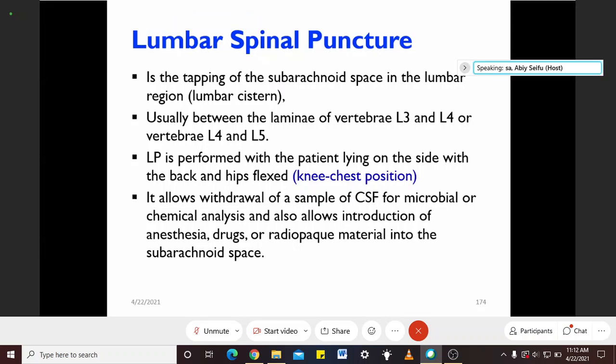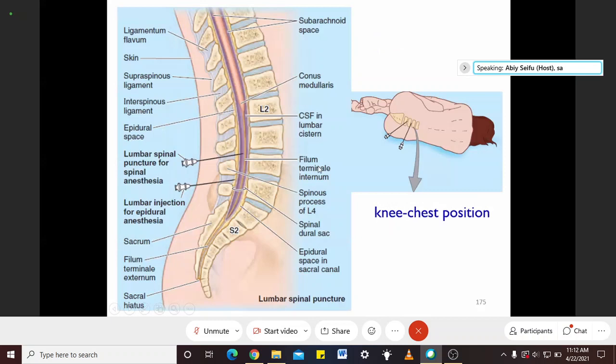Okay, and to perform the lumbar puncture, the patient should be flexed laterally in this position. When flexed, the space between the arches of consecutive vertebrae is increased. So it allows for the passage of the syringe, so it can access the subarachnoid space easily.